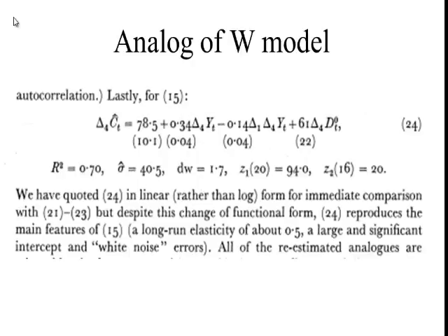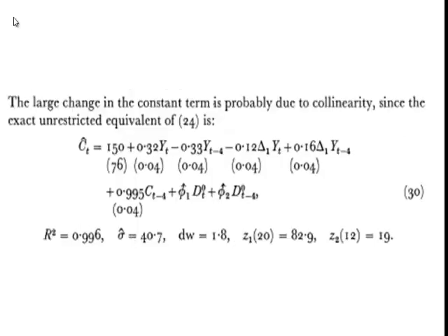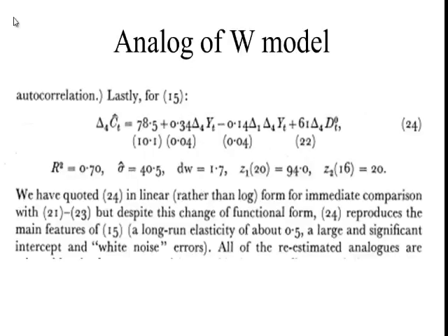Let's look at this model 24 and this 30. I want to explain what is the unrestricted model, because this is a very important part of the Hendry methodology. Here, equation 24, we have delta 4 Ct, which is exactly Ct minus Ct minus 4.